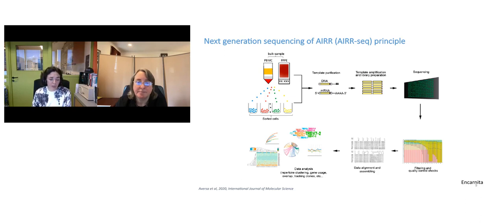Then you will try to amplify and purify the templates that hold the information of the rearrangements. So you have two possibilities. Either you start from DNA, since there is a rearranged DNA in each single cell that went through the recombination process, or you can start from messenger RNA molecules.